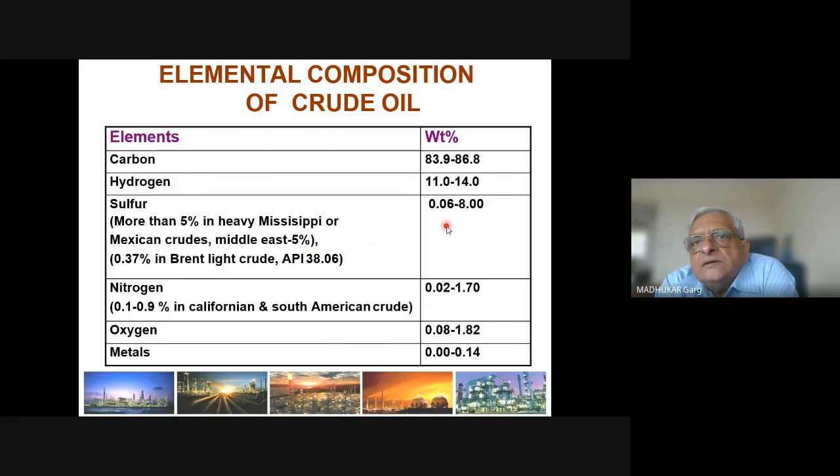I still remember when I was in Delhi with Engineers India Limited, there was very little specification on gasoline and diesel. In fact, there was no specification on diesel excepting the boiling range. In gasoline, there was some specification in terms of octane number, and that's about it. And later on, we even added lead in our gasoline to improve the octane. So we had leaded gasoline sold till about 1995.